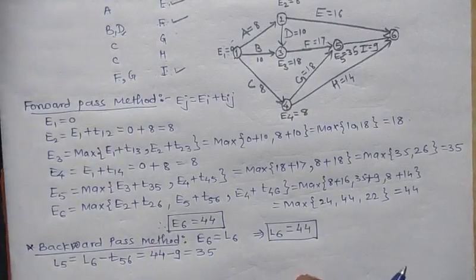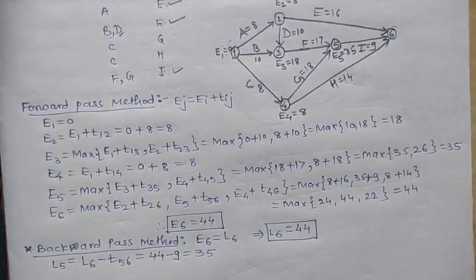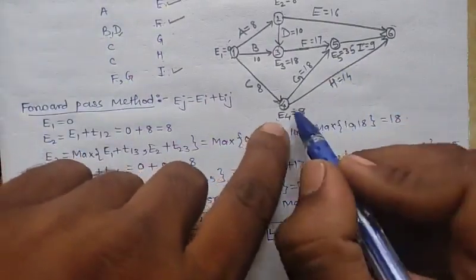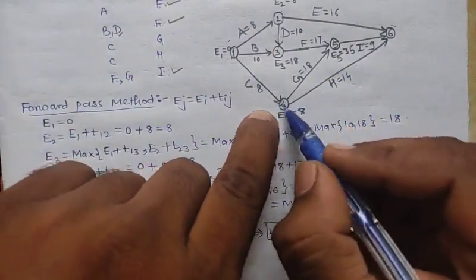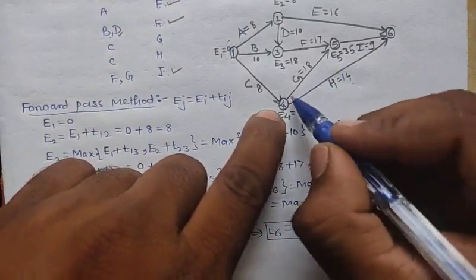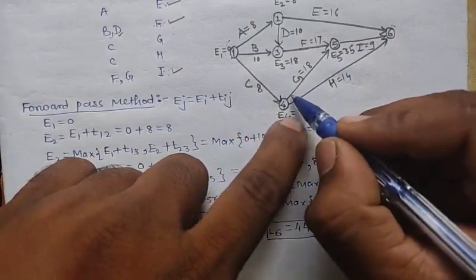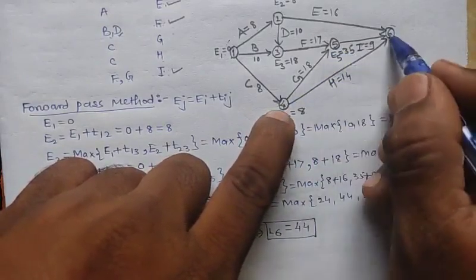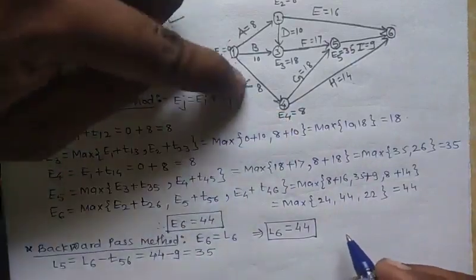Next we have to find L4. From L4 there are two arrows, to L5 and L6. So we take the minimum from that.